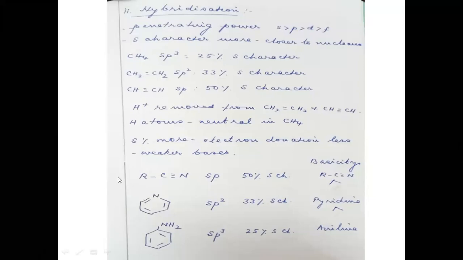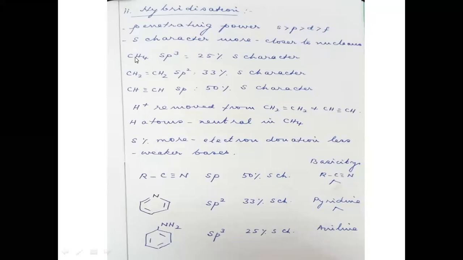Now look here, watch closely. This is a carbon which has 25% s character. It has formed a covalent bond with the hydrogens, all four hydrogens. So for carbon and hydrogen, the electron pair is in between. Now, what is the capacity of this carbon to attract the shared pair of electrons towards itself?